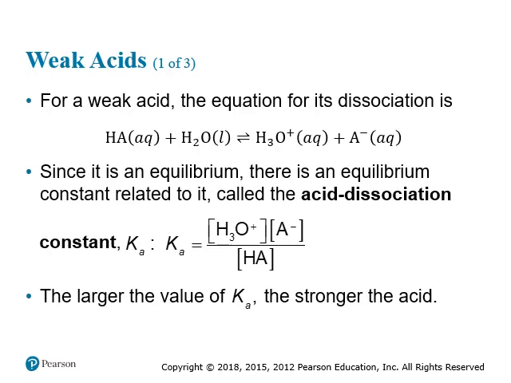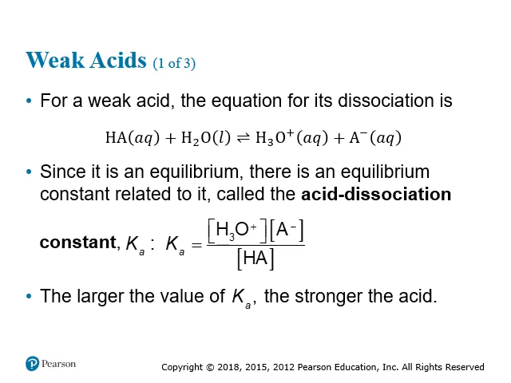Now, for a weak acid dissociation, since it is an equilibrium situation, we can see the general equation listed above, where HA, representing an acid, dissociates by reacting with water in order to produce H3O plus and A minus, that being the counter anion as a result of the dissociation.